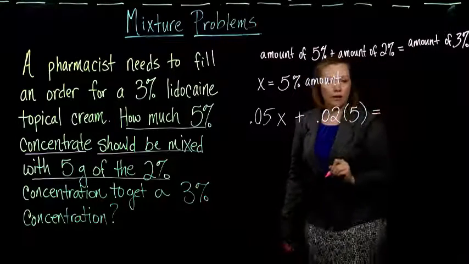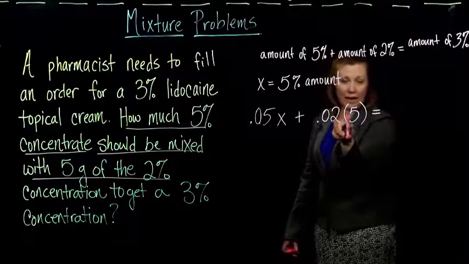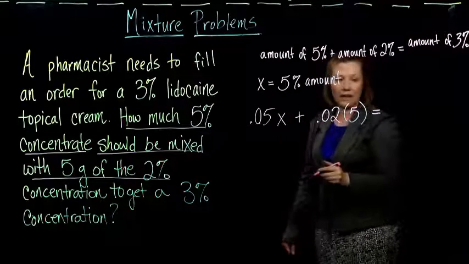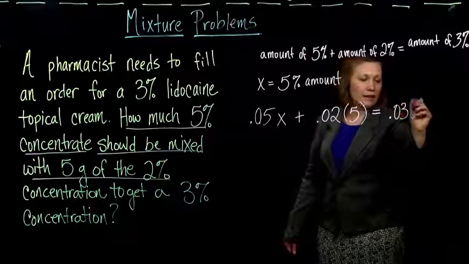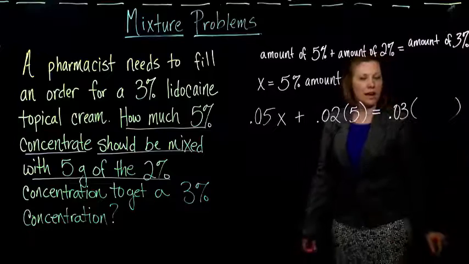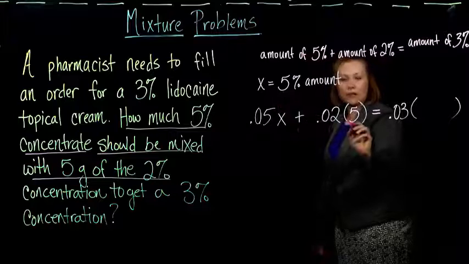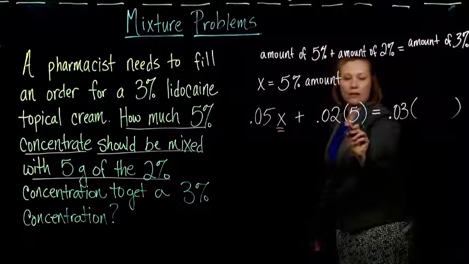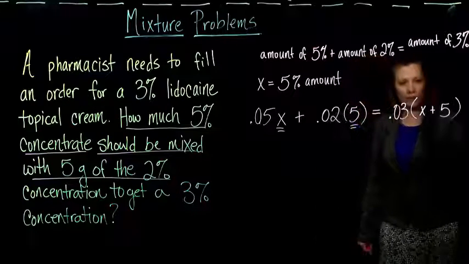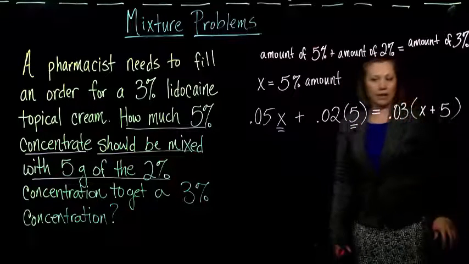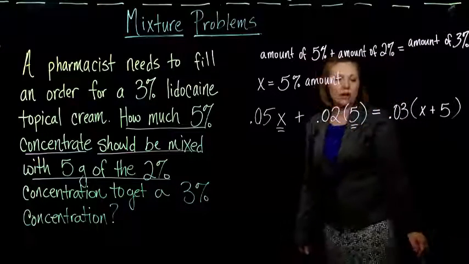When I take the amount of lidocaine in the 5% and the amount of lidocaine in the 2%, I should get my 3% times the total amount of cream I have, which is x plus the 5 grams for the 2%. So now I have a nice equation set up to solve.